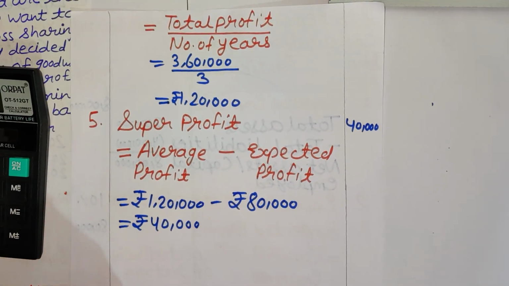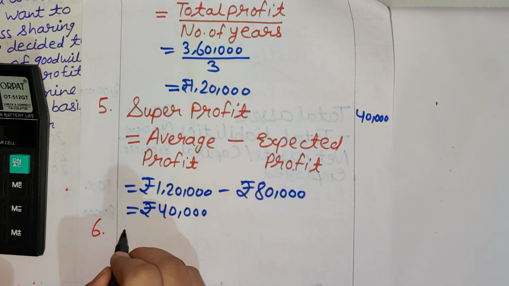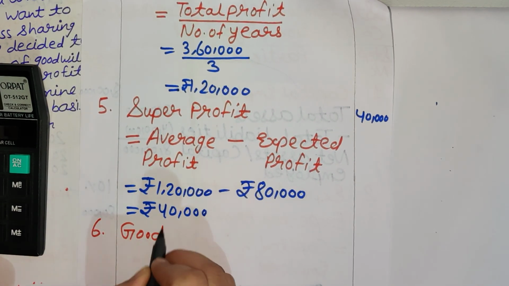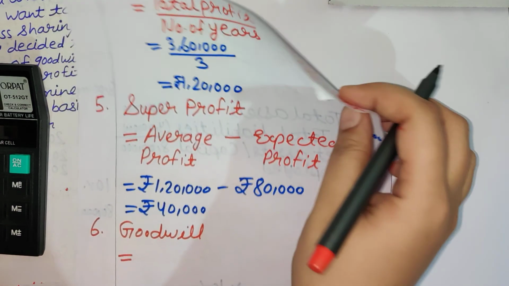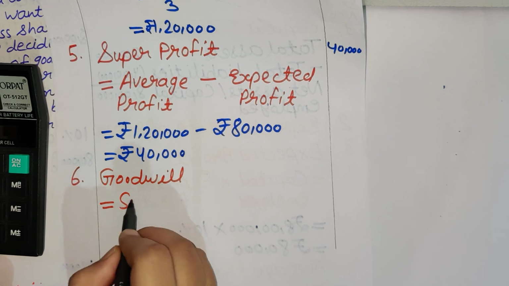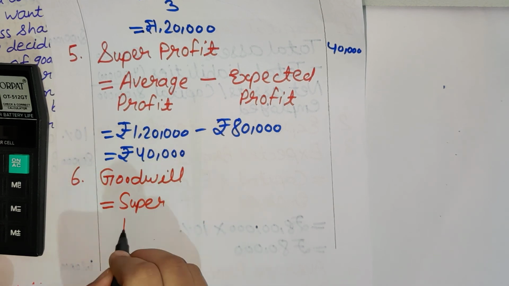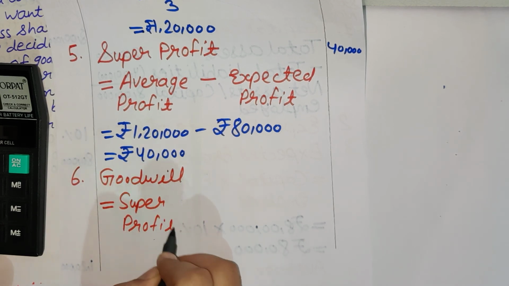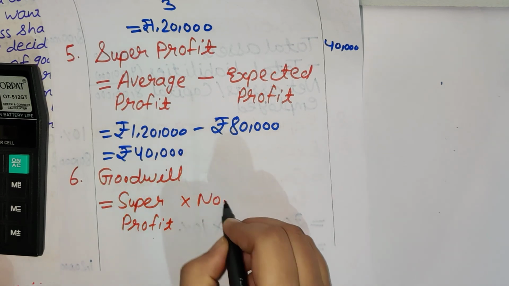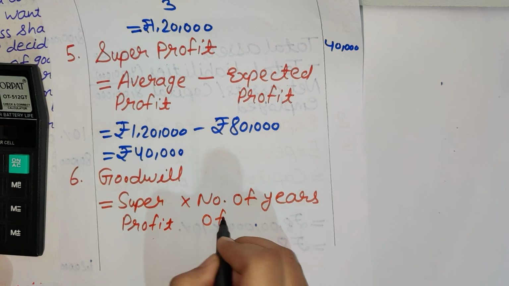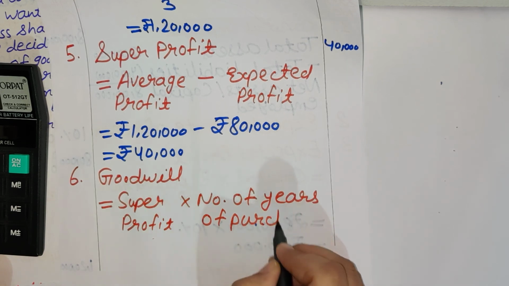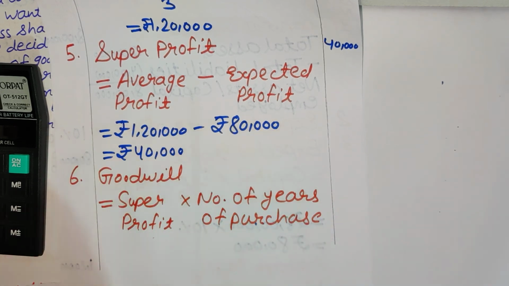Now we will do the sixth step, that is to find the goodwill. How we find the goodwill? Again there is one formula. Super profit multiply with number of years of purchase. So we have calculated the super profit in the fifth step.